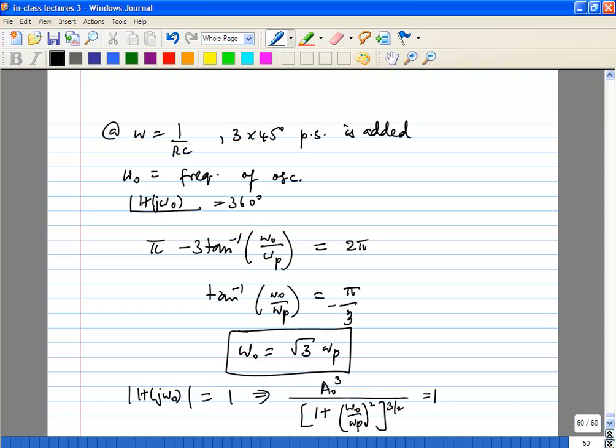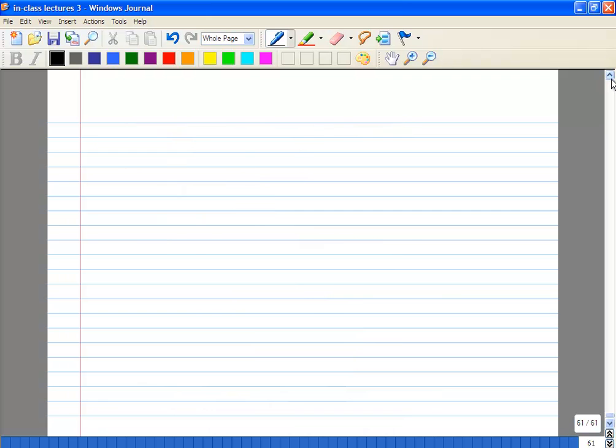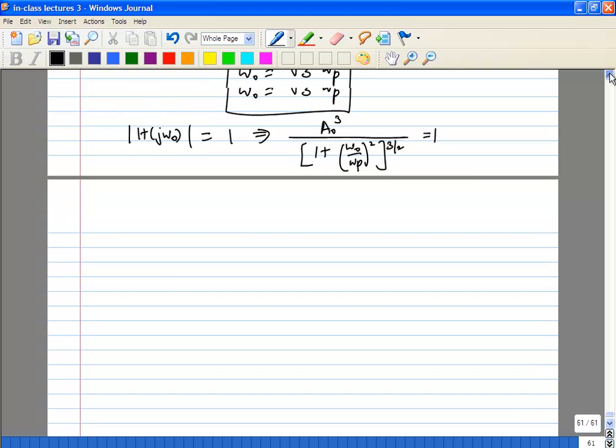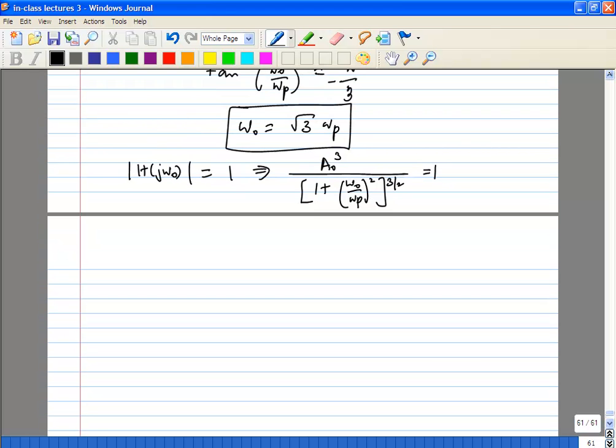And let's put in the condition omega naught is root 3 times omega p. So this is your condition for oscillation, from the Barkhausen criterion.